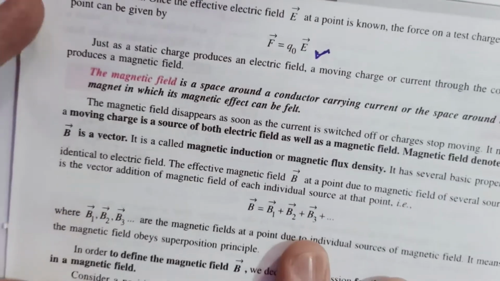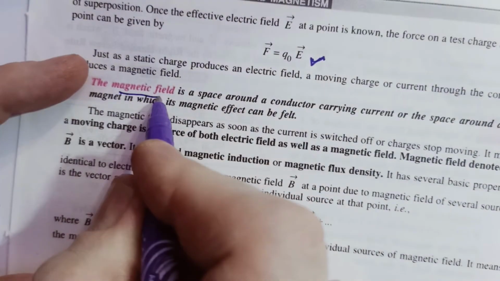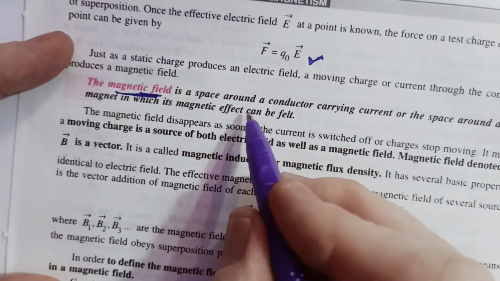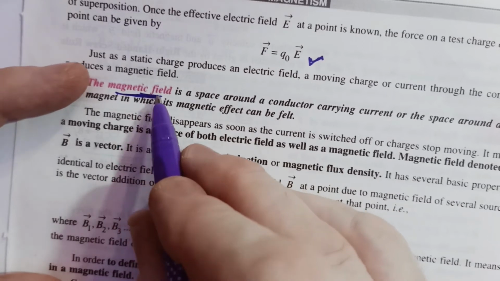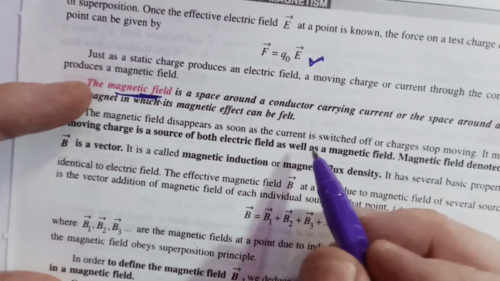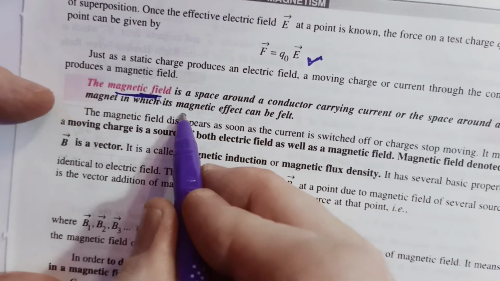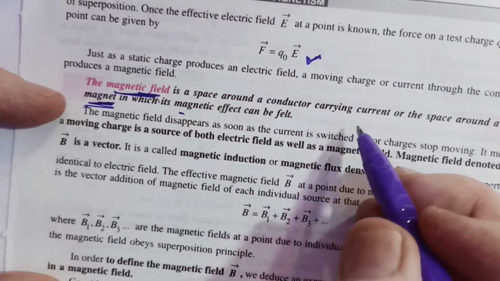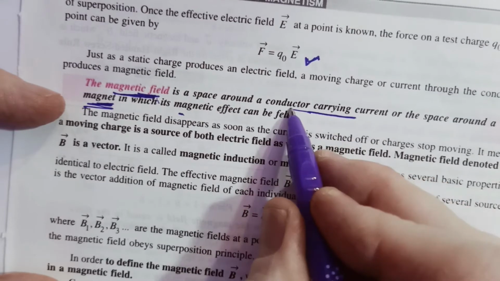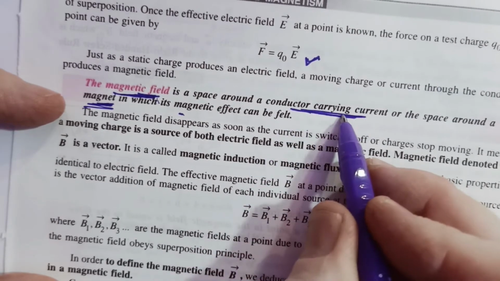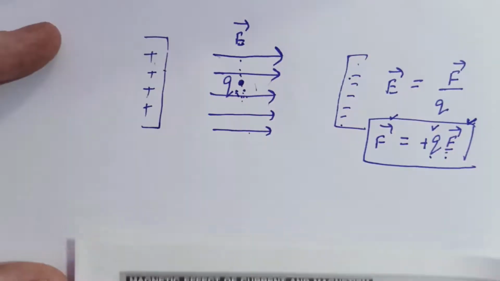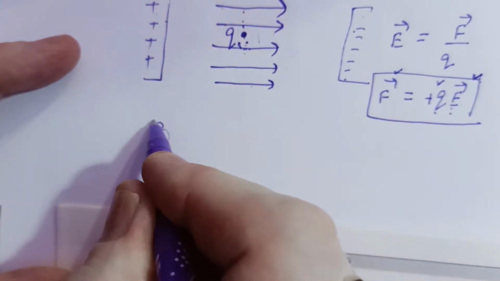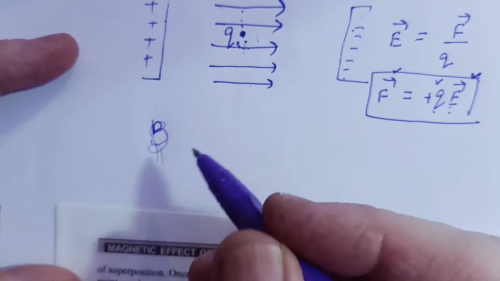Now I am coming to the magnetic field. You know what the reason for a magnetic field is? A magnetic field is always there if you have a permanent magnet or a current carrying conductor.